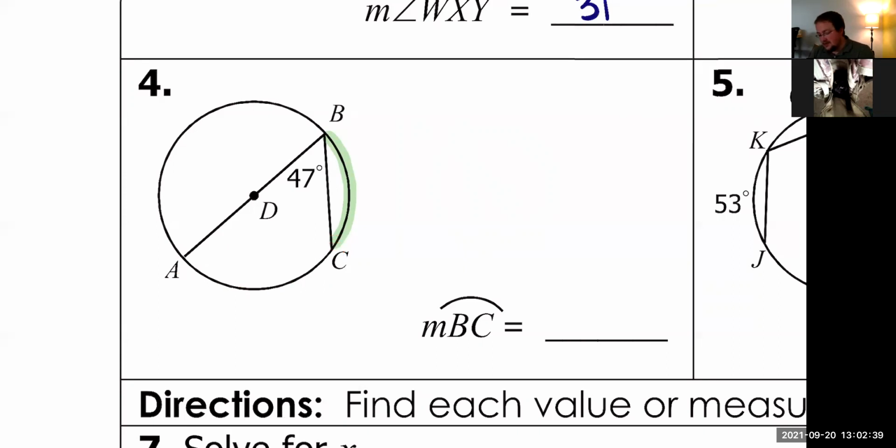I would suggest let's go ahead and find AC first to see if that can help me work my way to arc BC. What would be the measure of arc AC? It would be 94 degrees. Okay. But how's that going to help me find this segment right here?